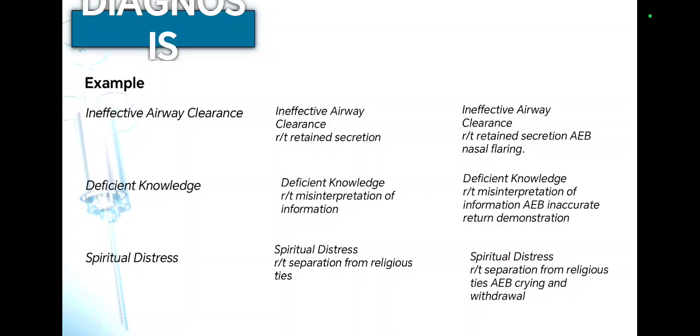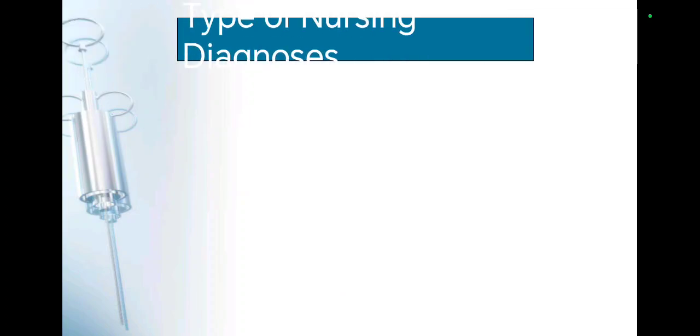So that's a problem. Another also, we have spiritual distress related to separation from religious ties as evidenced by crying and withdrawal. So these are just some examples of nursing diagnosis that we can come up with for certain types of patient.